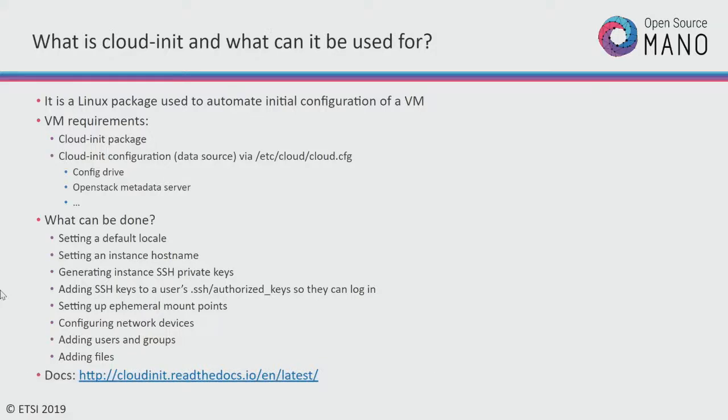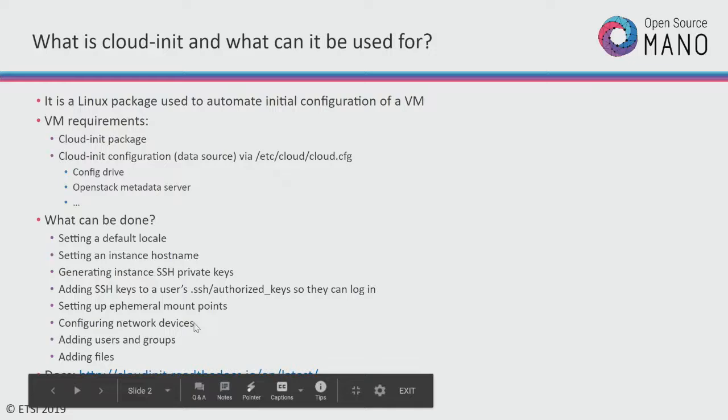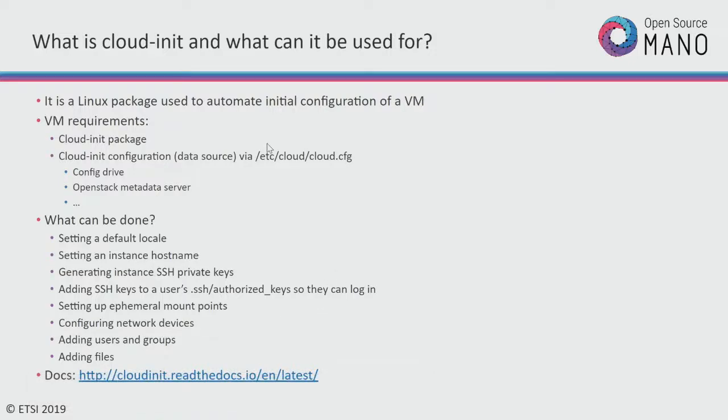For instance, setting an instance host name, generating SSH private keys, adding SSH keys to users, configuring network devices, adding users, adding files. Okay, so if you need more specific information, you can copy this URL. It's the official page of Cloud Init. Okay.